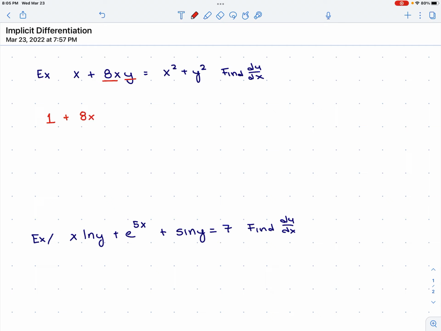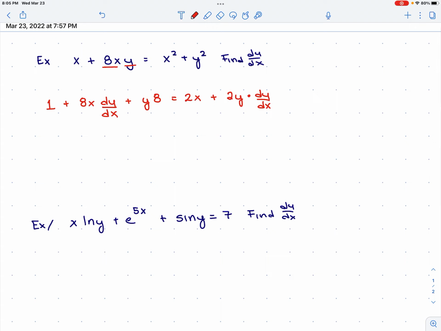So the derivative of y is 1 dy/dx, plus the second, which is y, times the derivative of the first, which is 8, equals the derivative of x squared, which is 2x, plus the derivative of y squared, which is 2y times dy/dx. Because it wasn't x squared, it was y squared, so I have to use the chain rule.